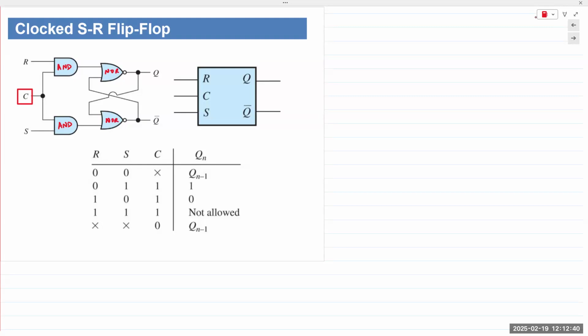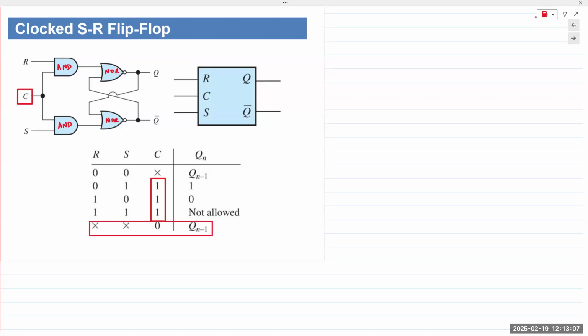The clock signal makes it so that until and unless the clock pulse is high, meaning 1, the flip-flop will not work. When the clock signal is 0, it doesn't matter what your input is.